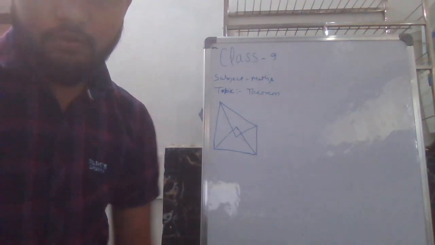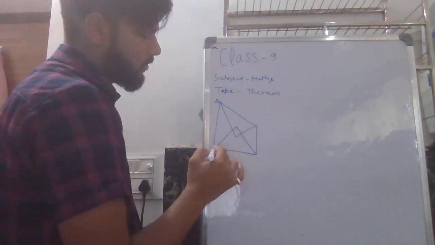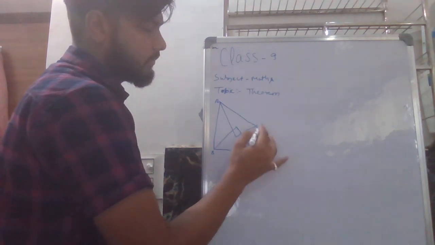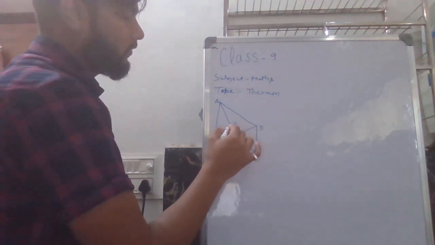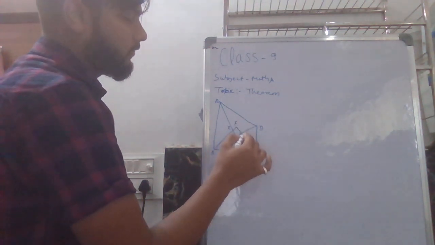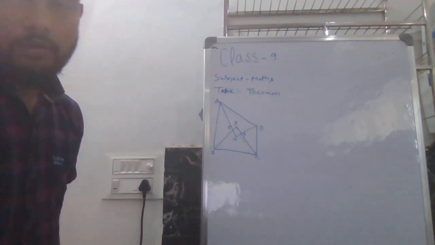First we will name the outward quadrilateral ABCD, and the inner one EFGH. I hope everyone is clear.